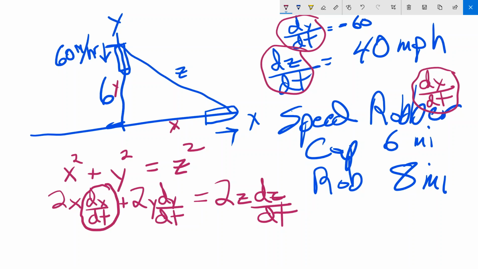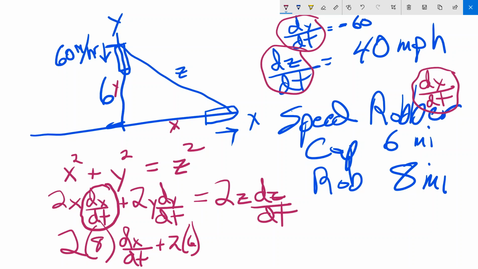All right. So x is 8. It's going to be 16 dx/dt. y is 6, and dy/dt is negative 60. So that's 12 times negative 60 is equal to dz/dt is 40, and z is 10, from 6 and 8.